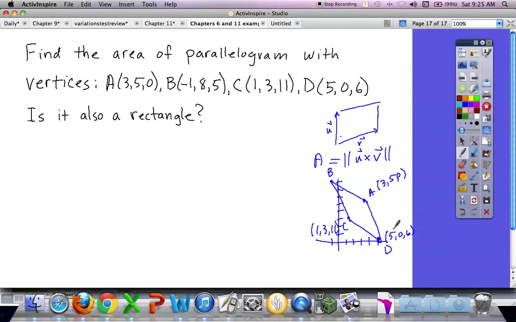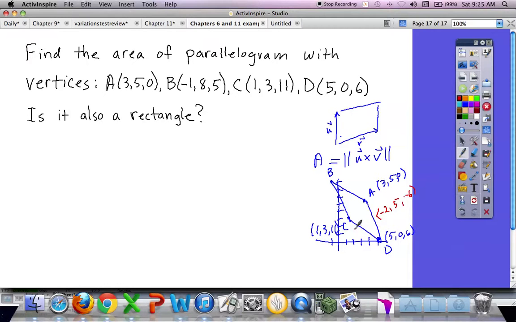Okay, I need to find the component form of these vectors. So remember, if given two points, an initial point and a terminal point, then I find the component form of the vector by subtracting. 3 minus 5 is negative 2. 5 minus 0 is 5. 0 minus 6 is negative 6.